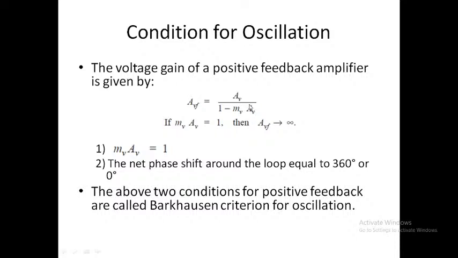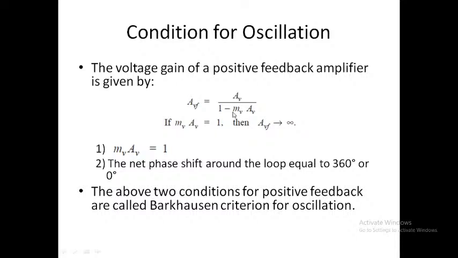So when you set this Mv times Av quantity to 1, the denominator will be 0. And when the denominator is 0, the overall voltage gain with feedback will be infinity, because anything divided by 0 is infinity.